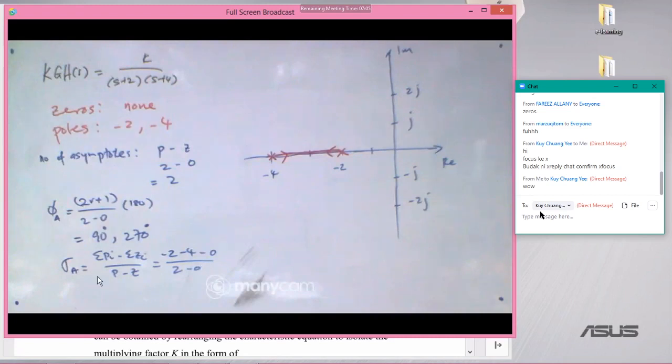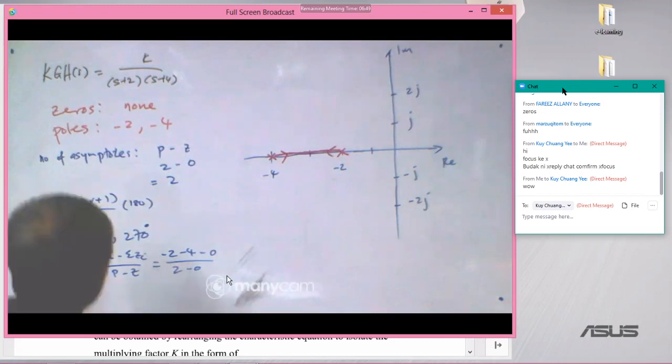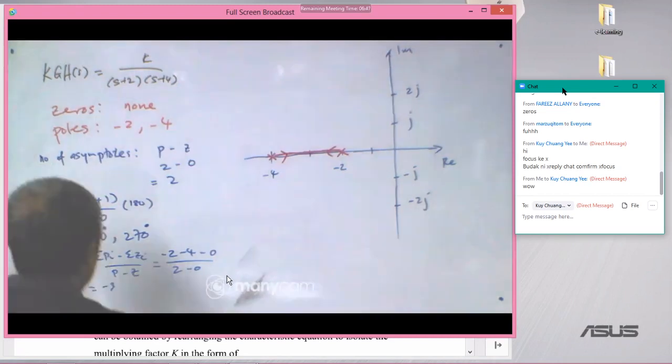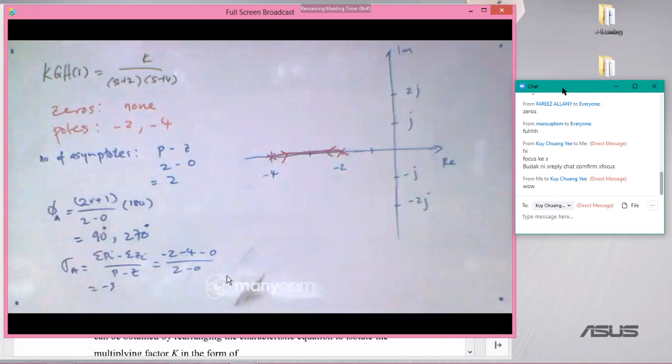So this is going to be our intersection of asymptotes, which is going to be equal to -3. Okay, so now we know that our asymptote is going to go through -3. So this is line -3, sigma A here, -3.